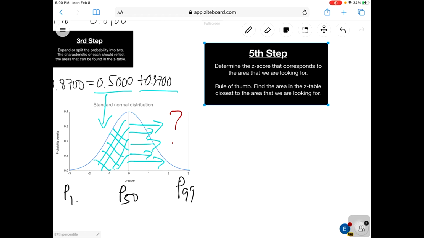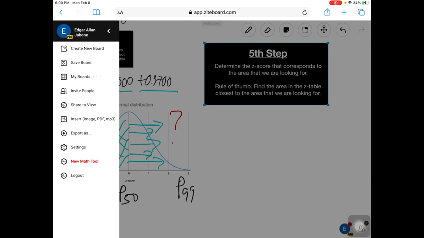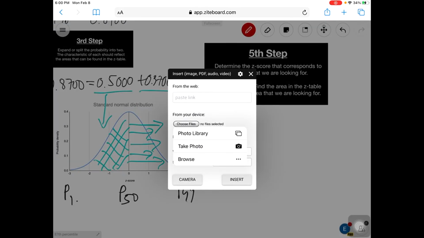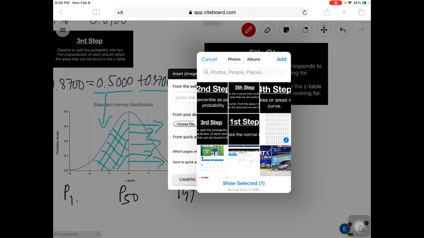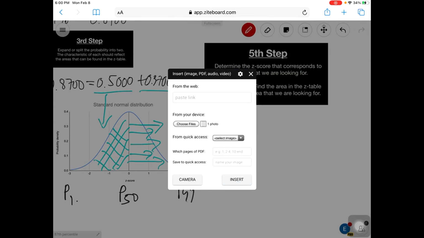So the rule of thumb is to find the area in the z-table closest to the area that we are looking for. So we need the z-table here to assist us in locating the area.